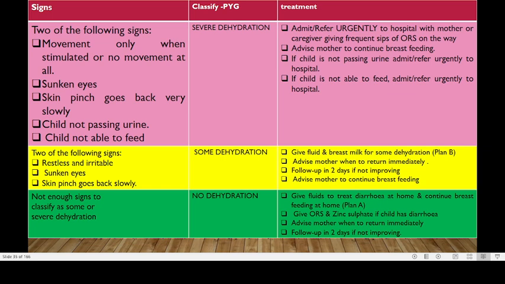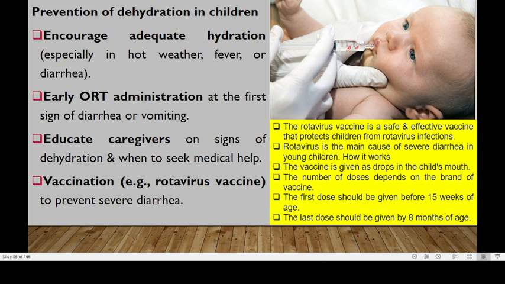Ladies and gents, we had already talked about dehydration. We could have severe dehydration, some dehydration, or no dehydration, right? For no dehydration in children, generally for prevention, you need to encourage adequate hydration, especially in hot weather, when the child is presenting with fever or has diarrhea.